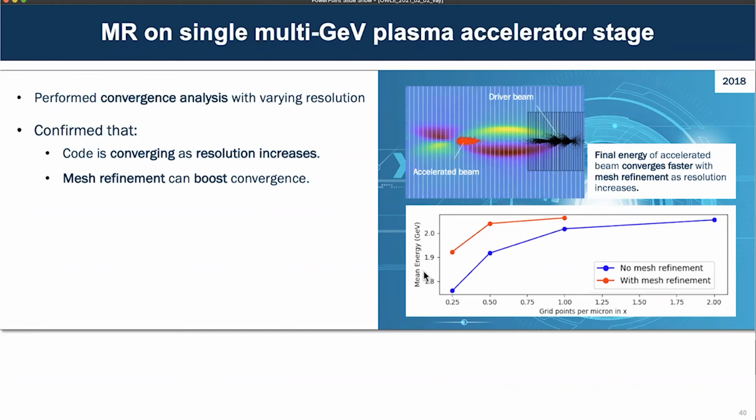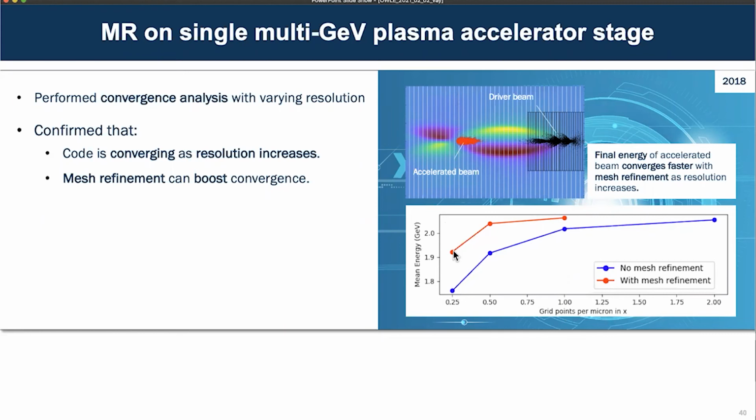And the figure of merit was to look at the mean energy of the accelerated beam as a function of resolution at the end of the simulation. And what we see is that with mesh refinement, we have this dependency. Without mesh refinement, unfortunately, we didn't go to the last point here.